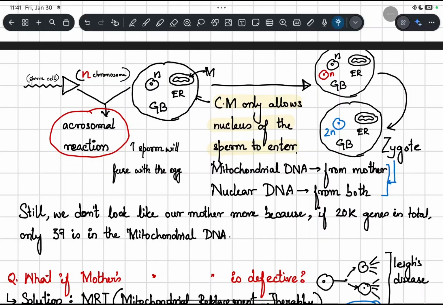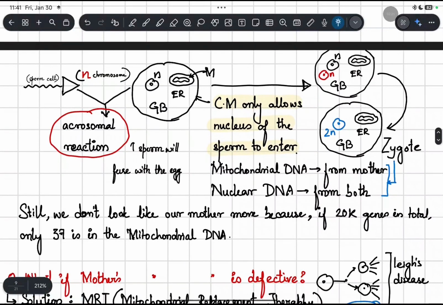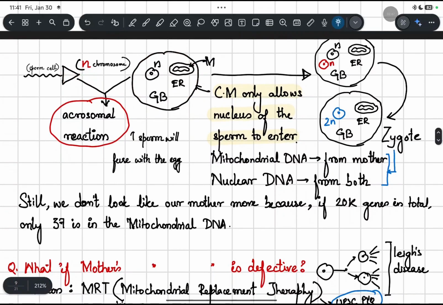Coming to the next topic, here we have a sperm cell with n chromosomes. Here we have the egg. The egg has n chromosomes. It has mitochondria, endoplasmic reticulum, and Golgi body, right? So this is the sperm, and this is the egg. During the fusion, the reaction that happens is the acrosomal reaction.